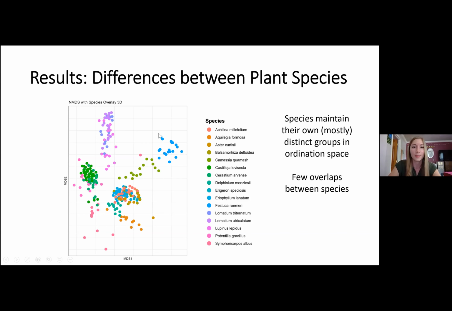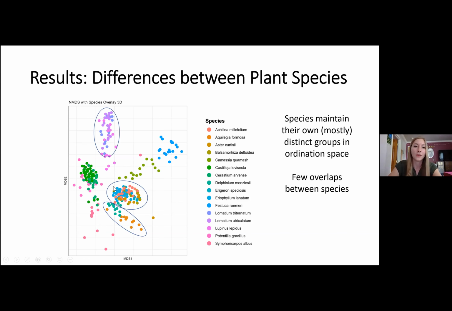So if you look at my data set, you can see that species usually clump up into fairly distinct groups throughout my data set. These are just a couple of the species that I'll highlight here. However, in some parts of the graph, they're a little bit less distinct, where you see lots of overlap between plant species.